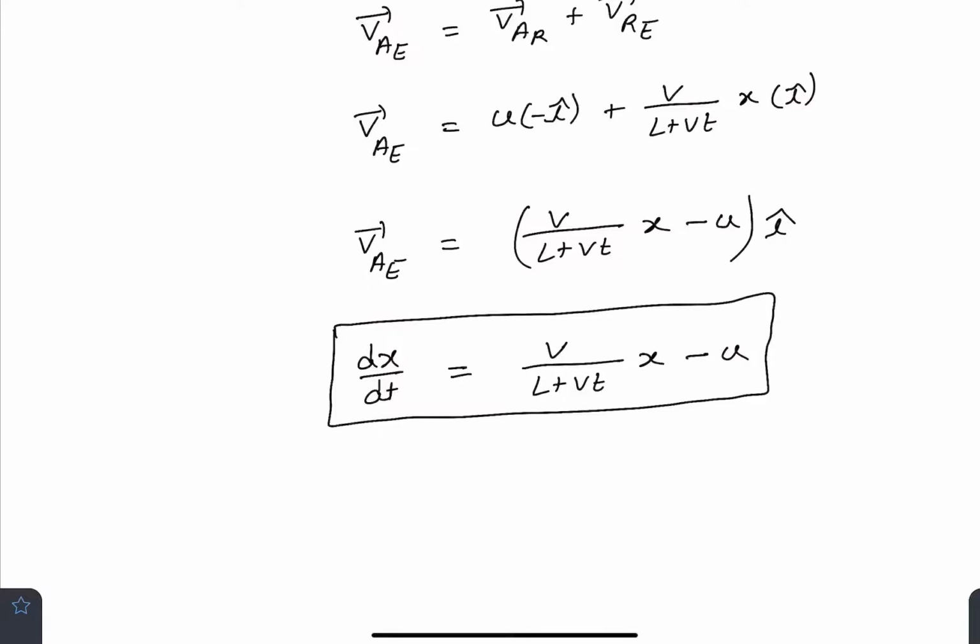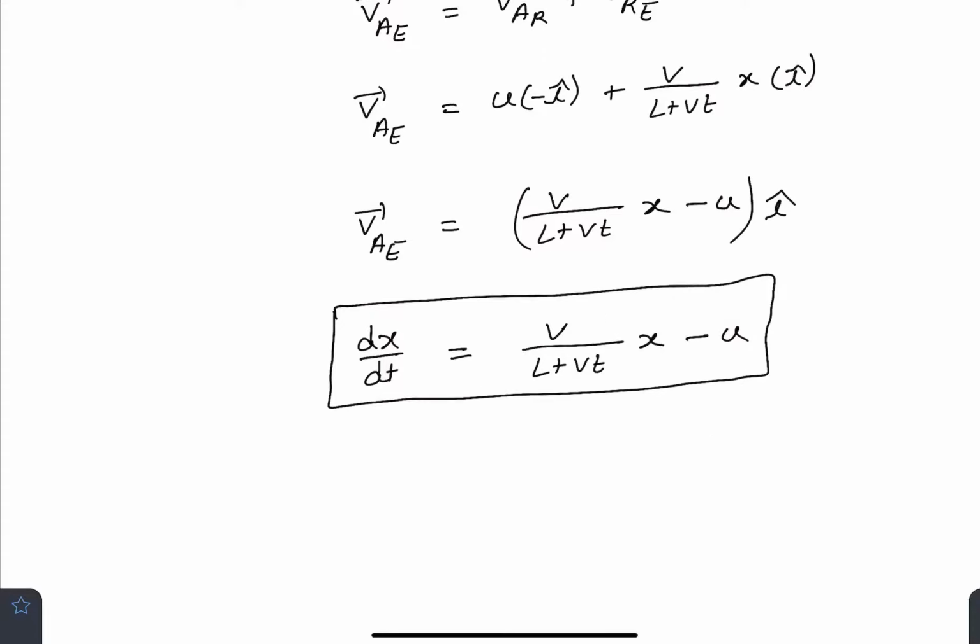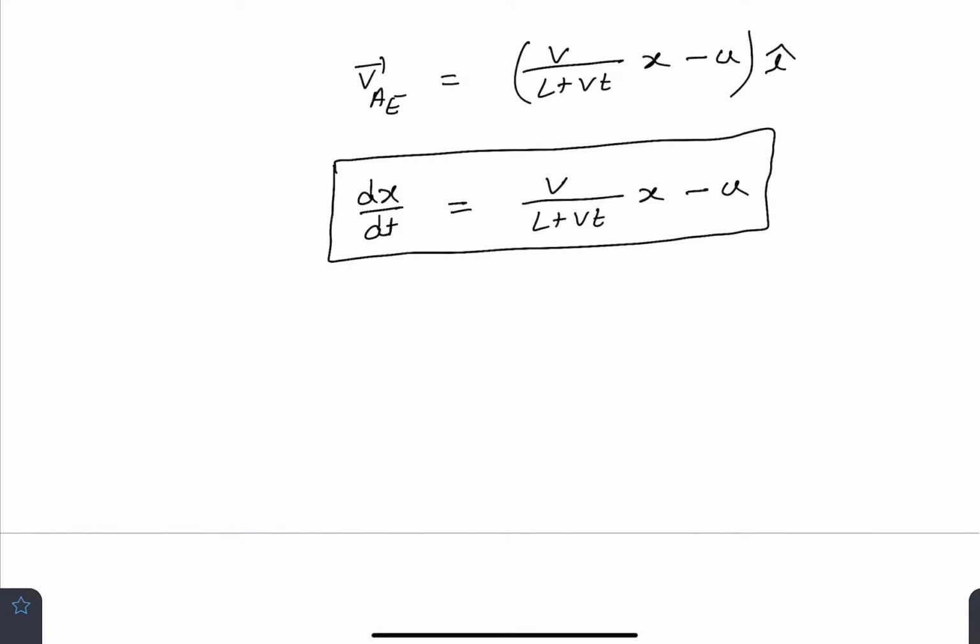It is taught as a very quick solution: you get the IF, the integrating factor, multiply it, and you get the solution directly. But I'm assuming a lot of you are unaware of that way, so we'll go by the very basic approach and do it step by step. So let's start solving the differential equation now.